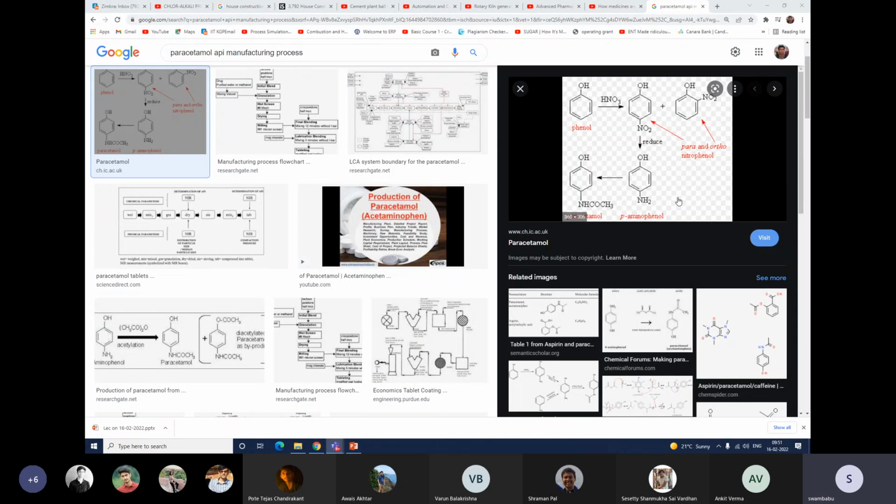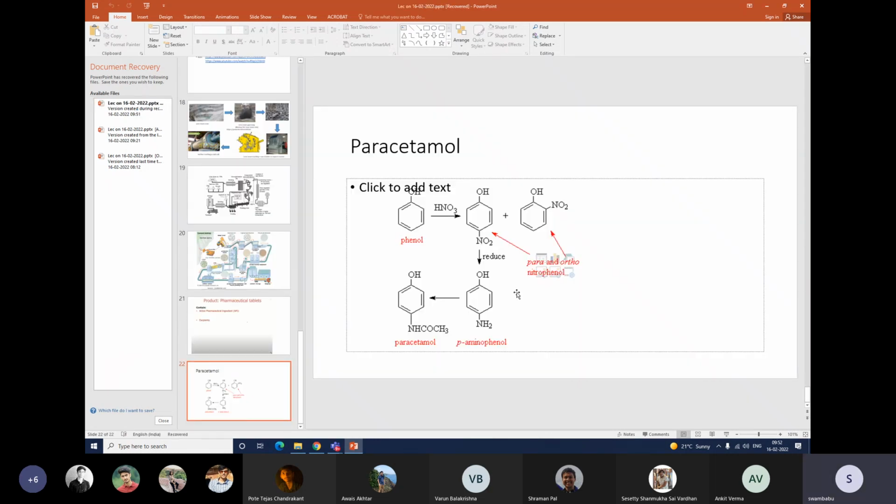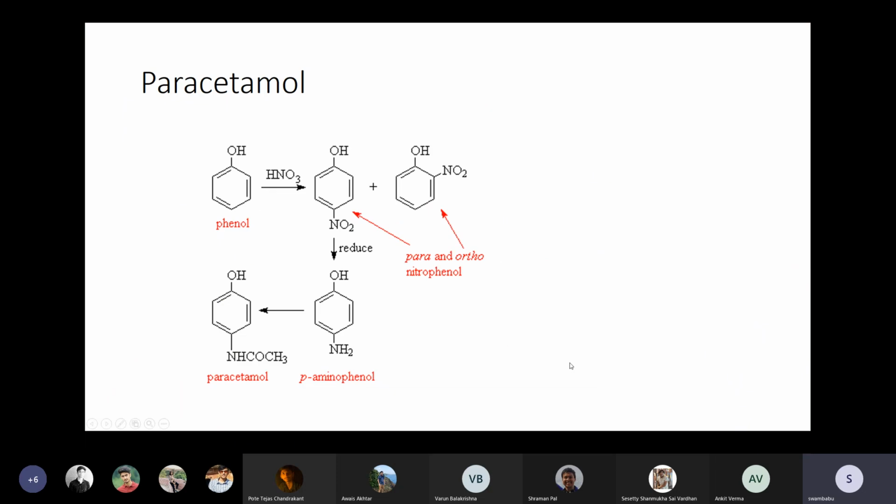So I just took one example, which is paracetamol. Paracetamol we can produce using a simple reaction. Yeah, so paracetamol is made from these molecules.